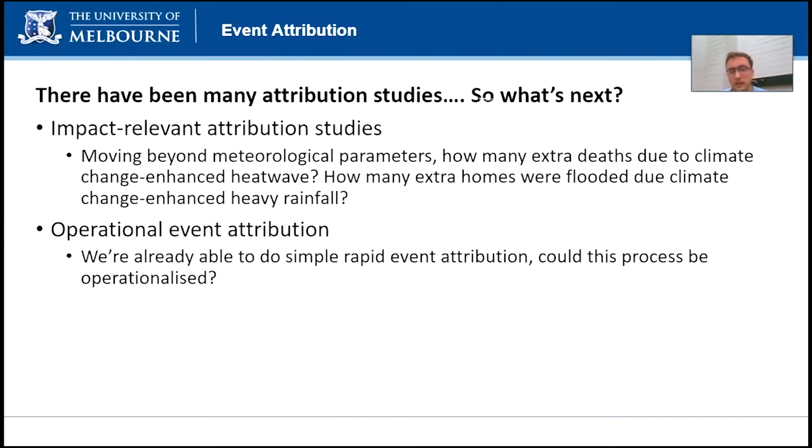So in theory, we could try and operationalize this process so that we regularly have event attribution statements after an extreme event for a simple variable. And this is something there's particular interest in Europe at the moment. There's a big multi-million-dollar project called Euphemie, which is aiming to have an operational event attribution system in place in a few years' time.